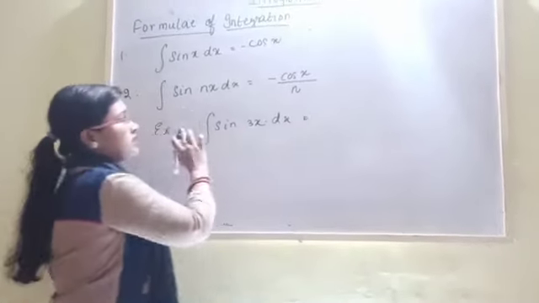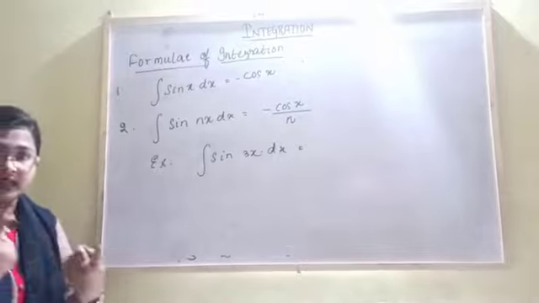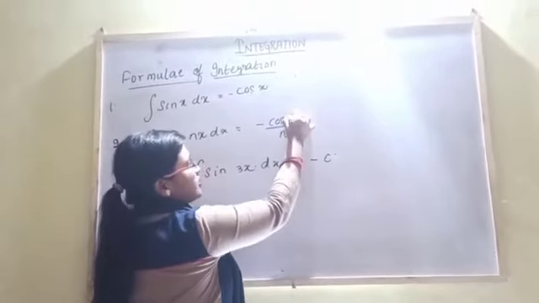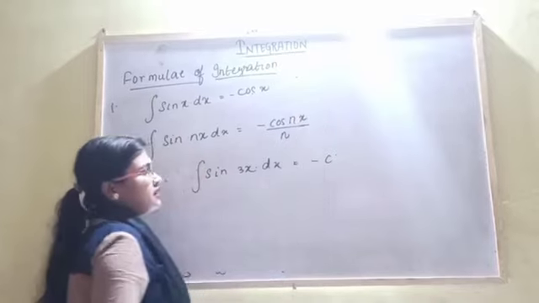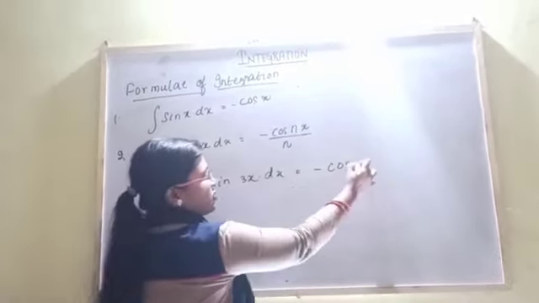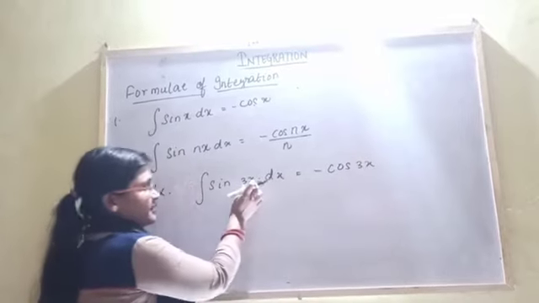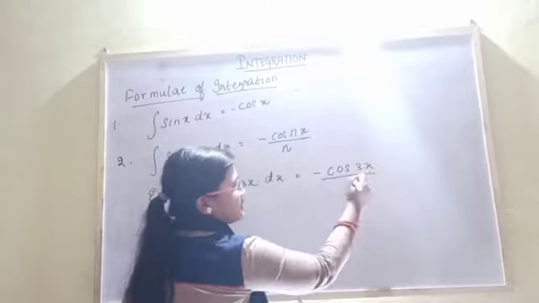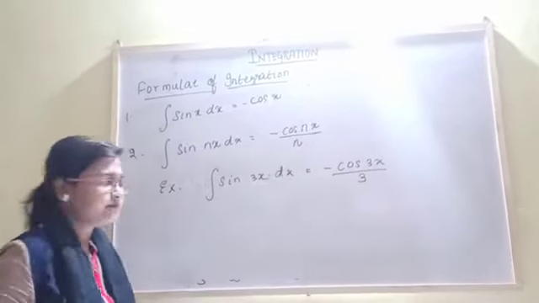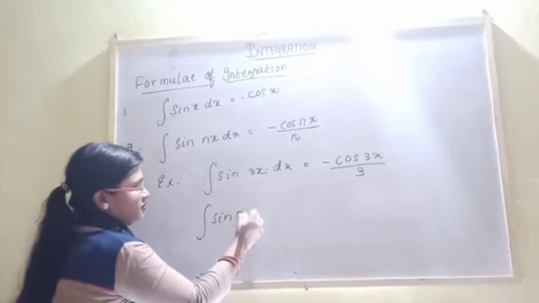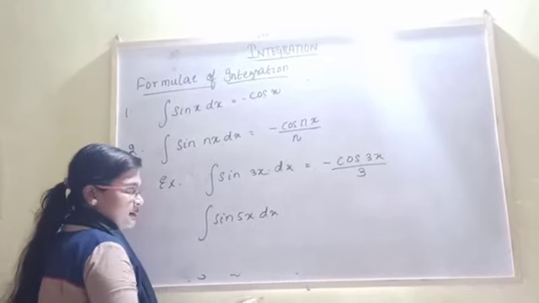Simply, you know the integration of sin x is minus cos x. So write minus cos 3x, and later divide by the differentiation of 3x with respect to x. This is clear. One more example, sin 5x dx. Simple.